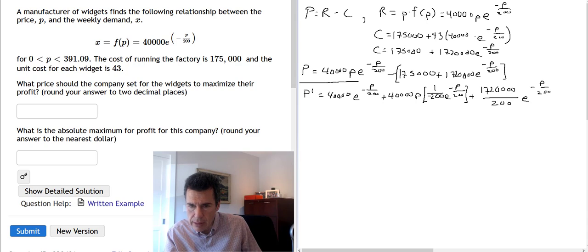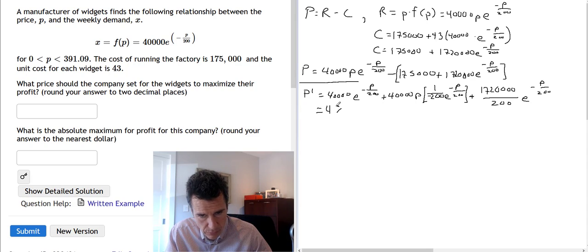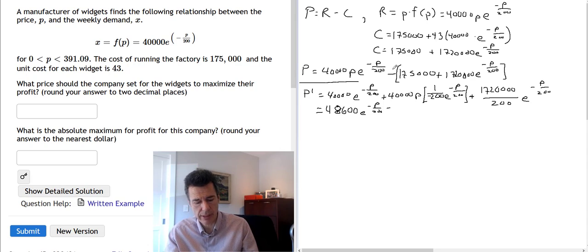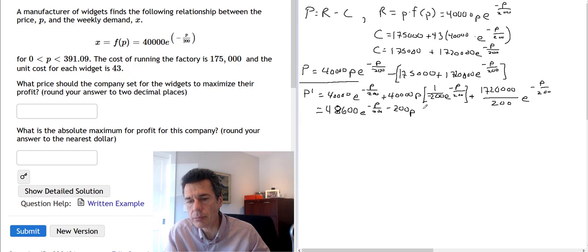Hang on a second. 1,720,000 divided by 200 is 8,600. 8,600 plus 40,000 is 48,600 e to the negative p over 200. And for the middle term, 40,000 divided by 200 is 200, so we get minus 200p e to the negative p over 200.